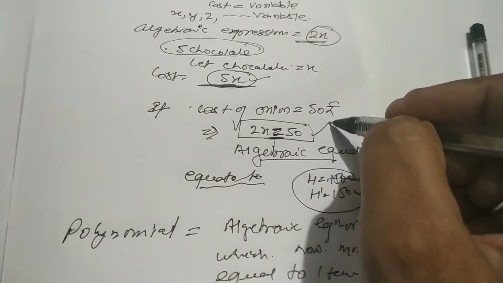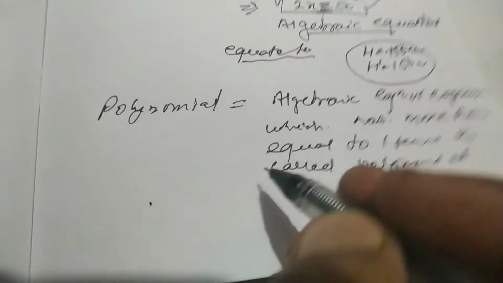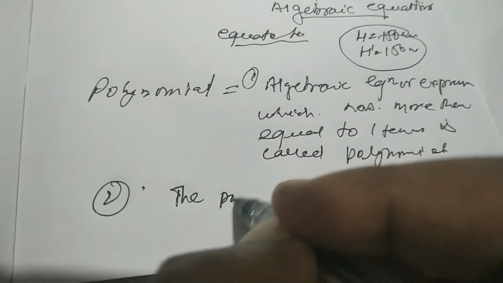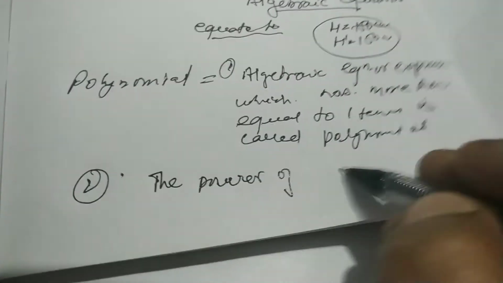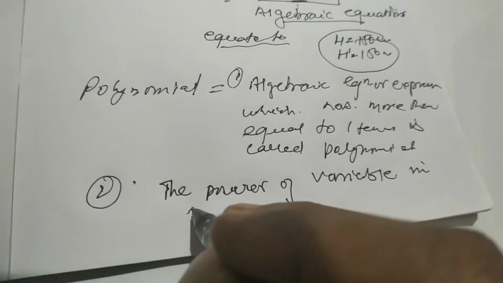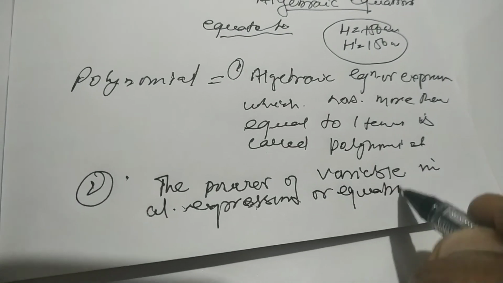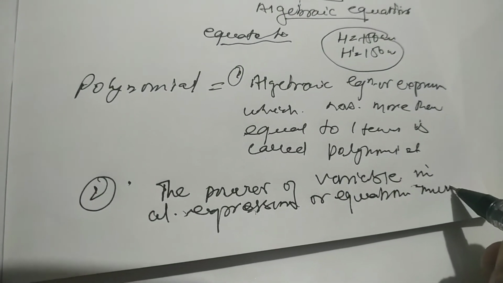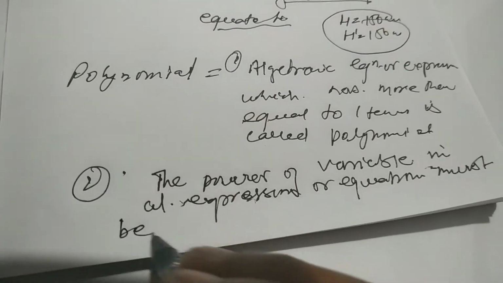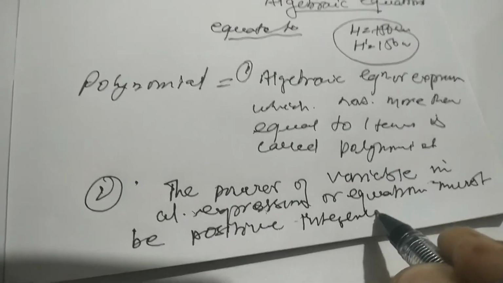So this is the first condition, and the second condition is that the power of the variable in the expression, I am talking about the algebraic expression or equation, must be a positive integer.